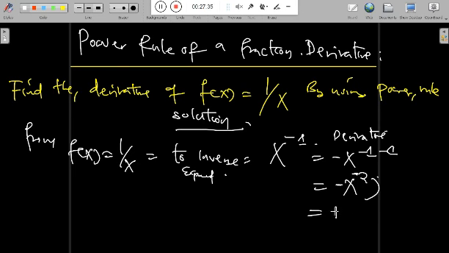Then, after taking that, let us take x squared and put it into the denominator side. Then we have negative 1 over x raised to the power of 2. So that is how we actually solve that particular function.